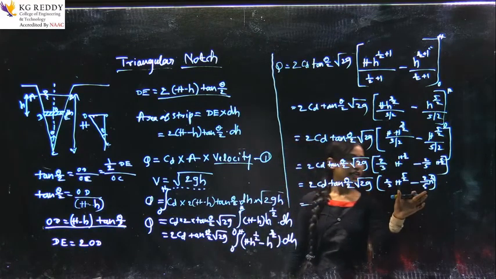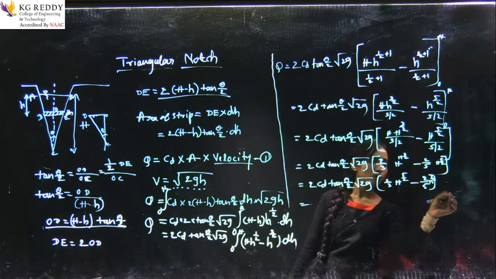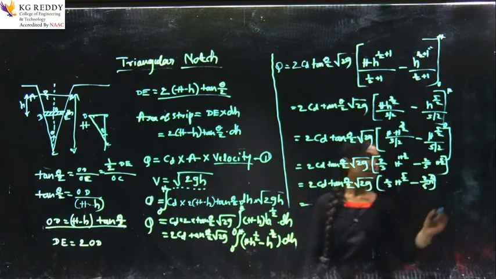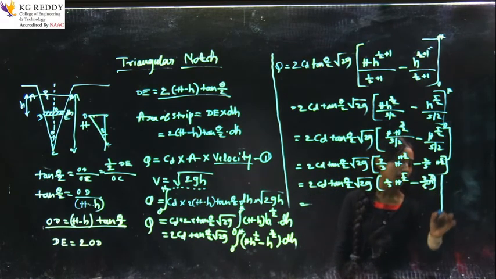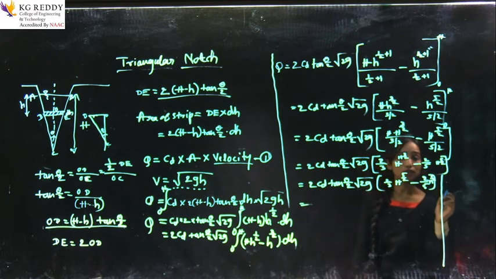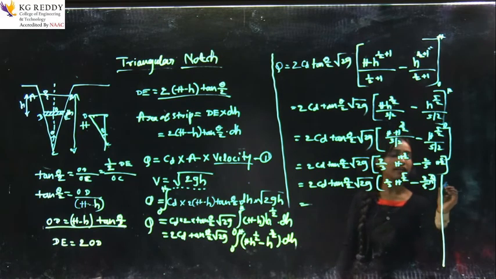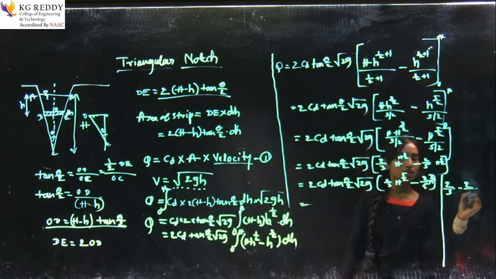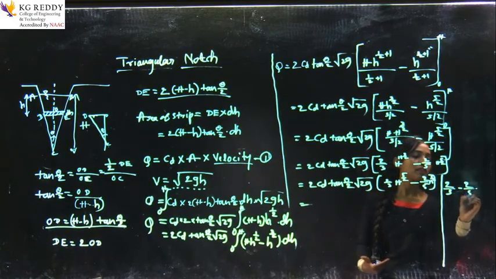To take H raised to 5 by 2 outside, you will get 2 by 3 minus 2 by 5. I will write it here on the side. I am explaining this in detail because you should not just follow the derivations; you should be sure about your basic mathematical knowledge.